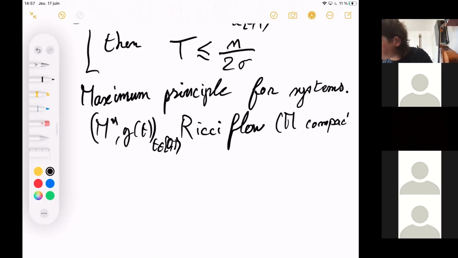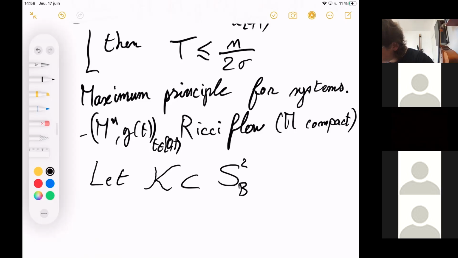If it has bounded curvature, it also works, but it's still unclear in some cases whether you can really make it work in the very non-compact complete case. So now I consider some K included in that set.